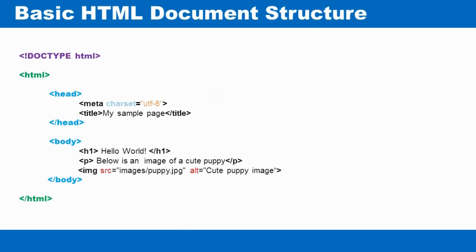Next, we have the body element. The body element actually contains the visual content of the page. So when you visit a website, the actual content you can see is the content that is wrapped between the body tag, which is anything between the opening and closing body tag.